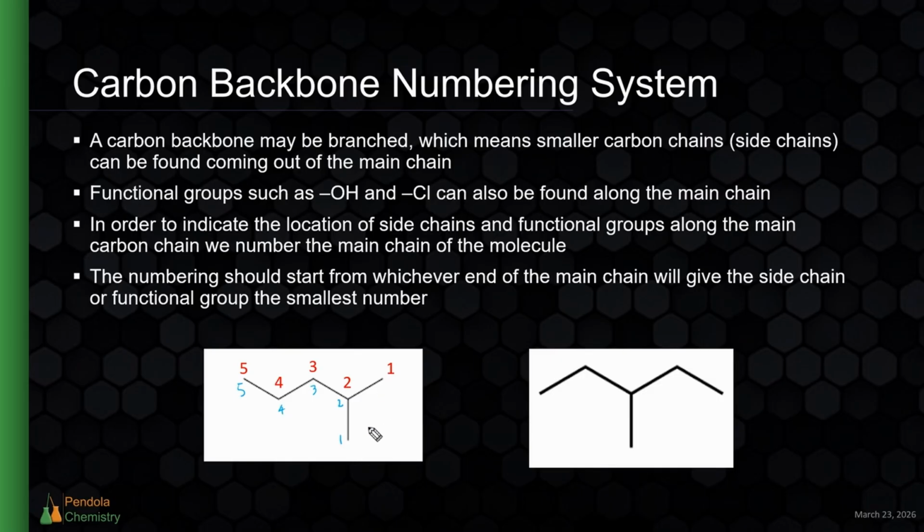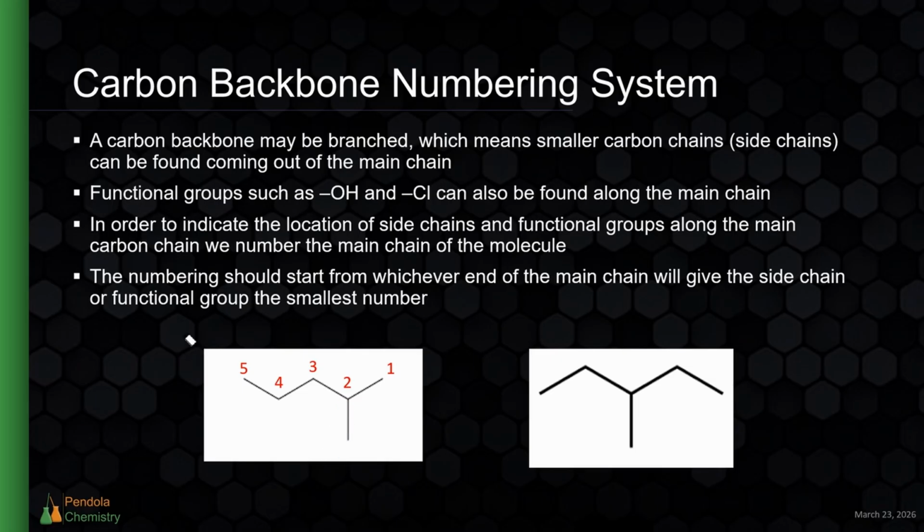In either situation, we have a 5 carbon chain being the main backbone of the molecule, and the one carbon side chain is on carbon number 2 in both scenarios. Whether this is your side chain or this is your side chain, we still have that one carbon side chain on carbon number 2. So in either situation, this is going to be correct. I'm going to stick to this one because that one's the one that's drawn in.